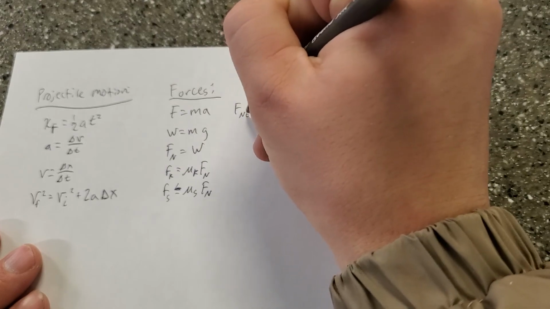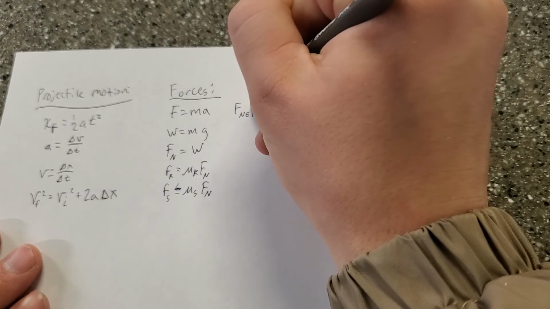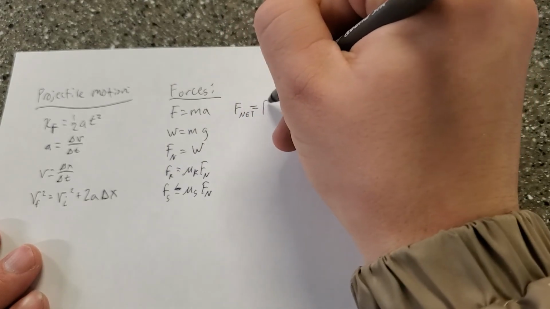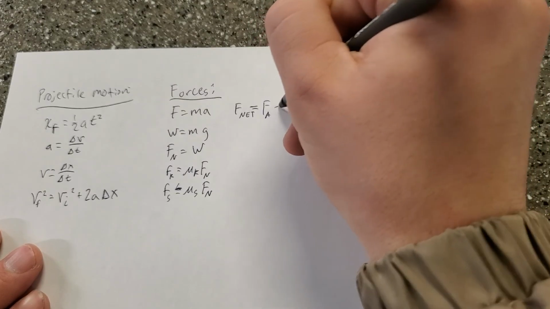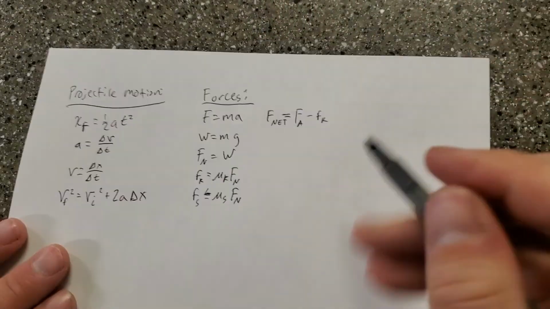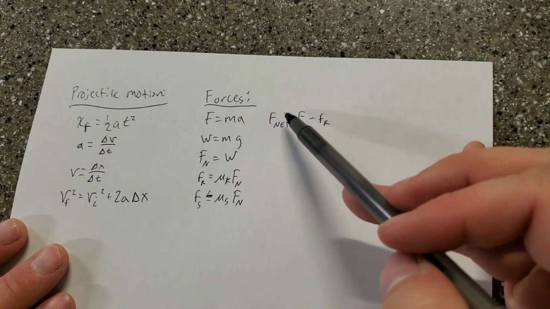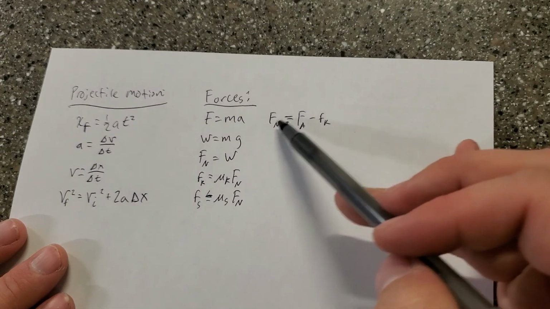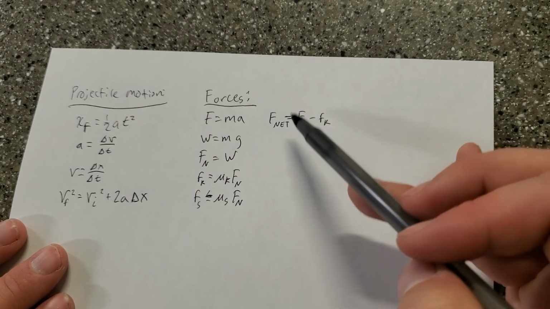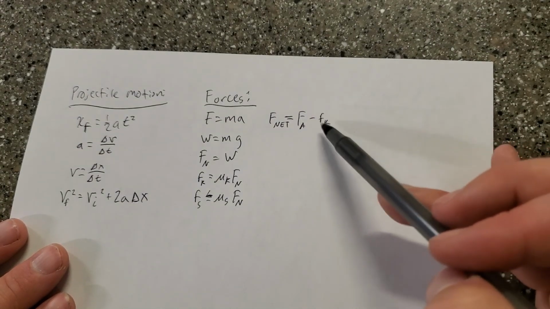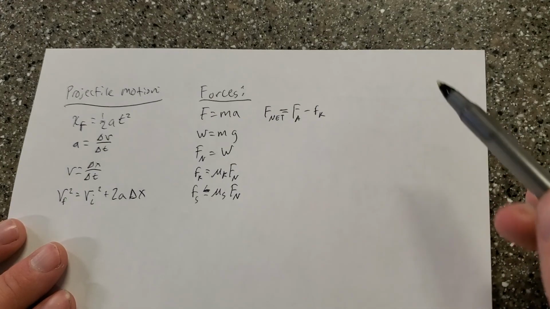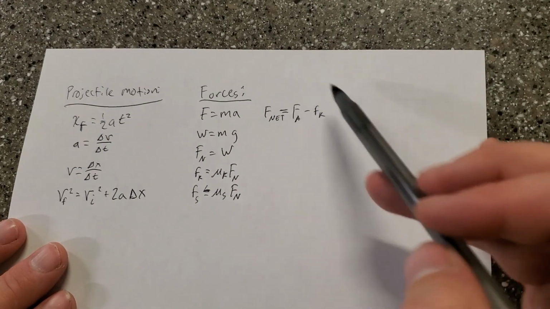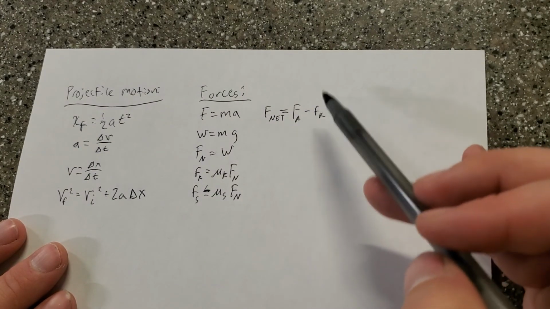F net is equal to Fa minus Fk. So the net force that the object is feeling is equal to the force that you actually apply minus the friction force. And so that works out pretty simply. That's a pretty easy one.